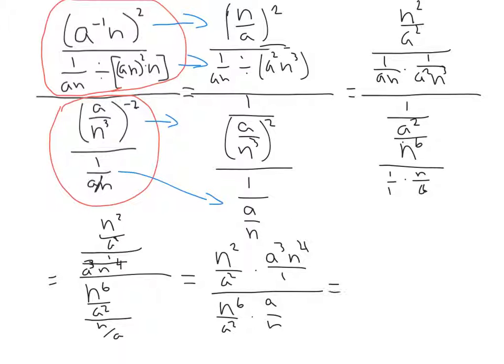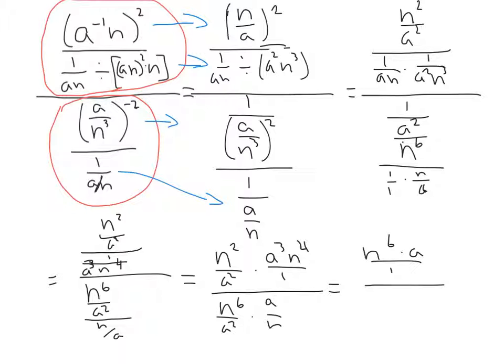We simplify both the top and the bottom. You're going to see that some things are going to cancel, and when you put that together, you should get n to the sixth times a on the numerator over 1. And I'm going to put that over 1 just because on the denominator we're going to still have a fraction. So that's going to be n to the sixth over a squared times a over n.